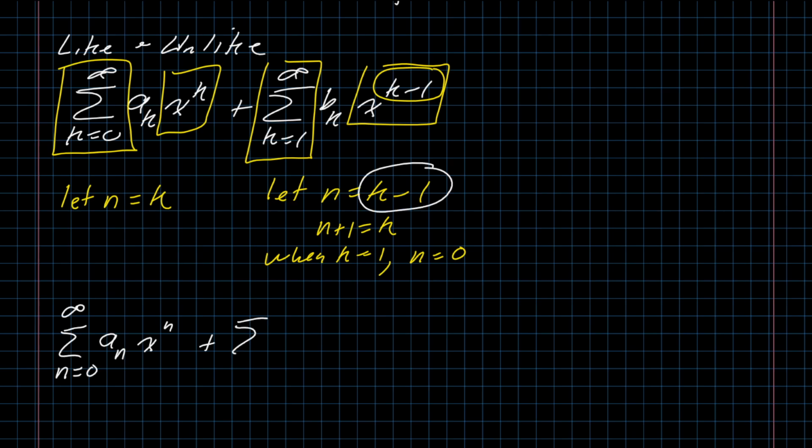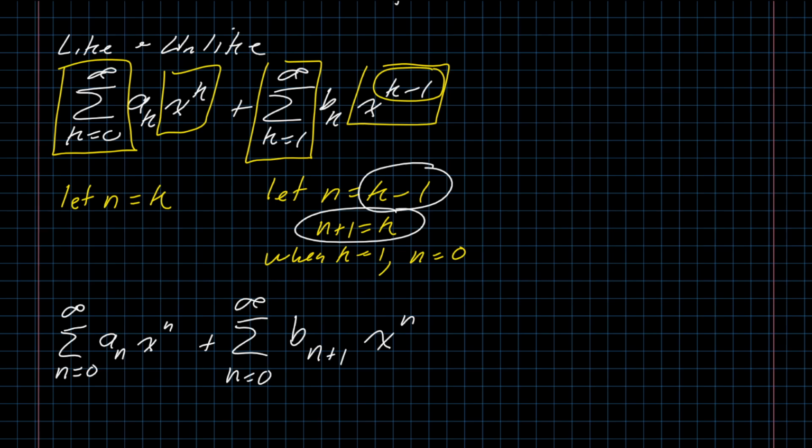So we now have the sum, n goes from 0 to infinity. We had b_k, but we know that k is n plus 1, so this is going to be b_{n+1}. We had x to the k minus 1, but we know that k minus 1 is n, so this is just going to be x to the n.